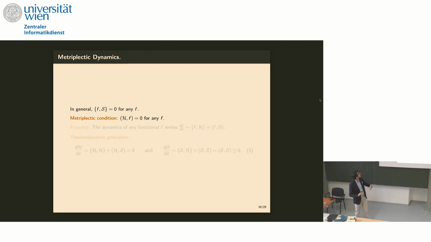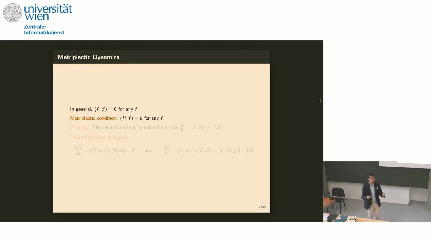Firstly, for any physical system, the entropy is a Casimir function of the Poisson bracket. So if you take the entropy in the Poisson bracket, the usual Poisson part of the bracket, it will always give you 0. But now we want to do something symmetric, and this is the metriplectic condition. We want the dissipative part, the symmetric bracket, when taken on the Hamiltonian, to give you 0.